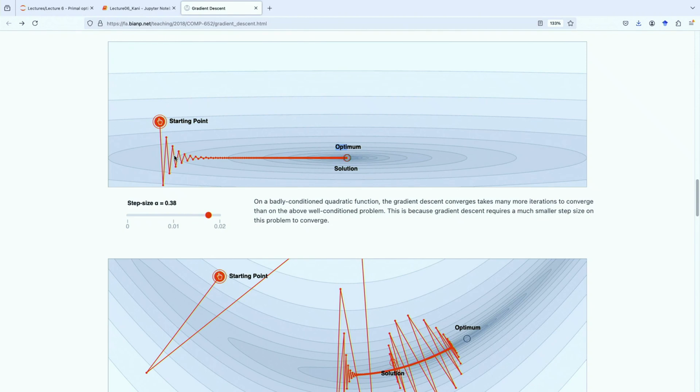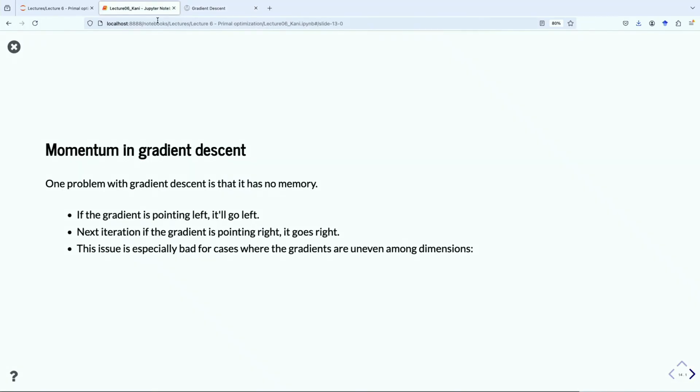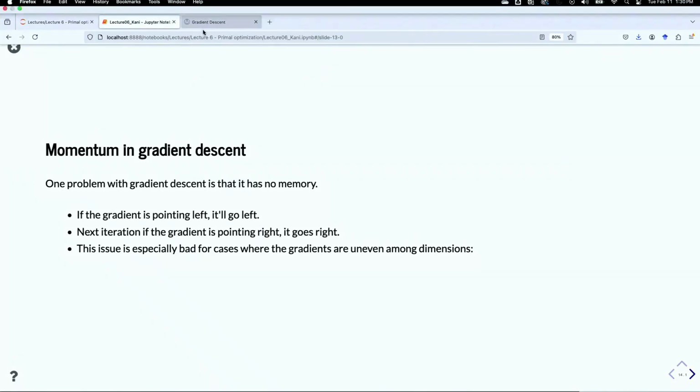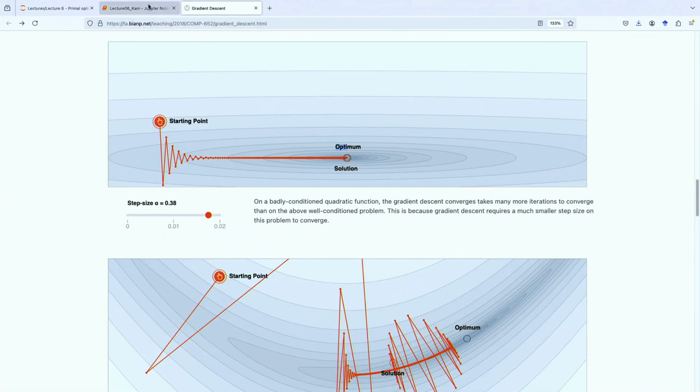That's something we notice in physics 1 in high school: momentum helps dampen oscillatory behavior. So how can we implement that in our actual algorithm, right?